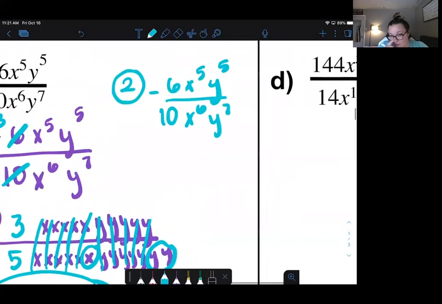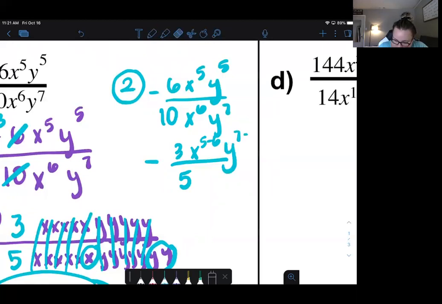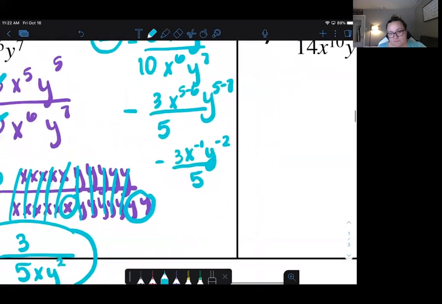So again, divide the 6 and the 10 by 2, we get 3/5. Then we're going to have x to the 5th minus 6 and y to the, sorry, the 5th minus 7. And we get -3, x to the -1, y to the -2 over 5.